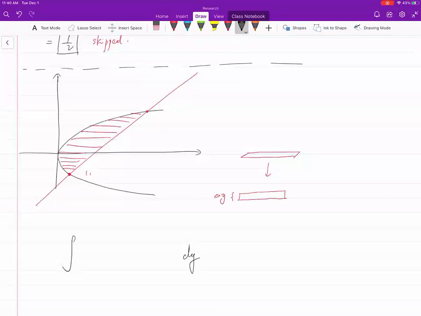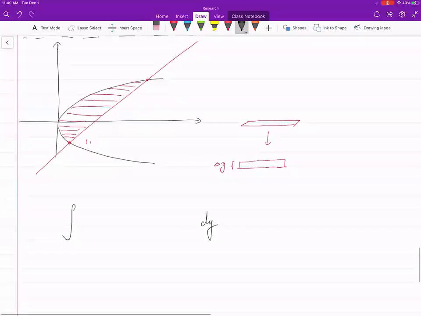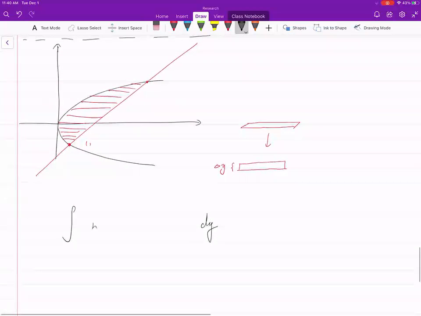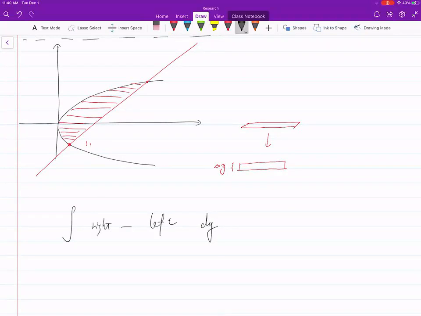Good so far? What should you put here for the height of the rectangle? That's got to be the one on the right minus the one on the left. Remember, for x, we take the one above minus the one below, right? This one we take the one on the right minus the one on the left. Why? Because going to the right is the positive direction.